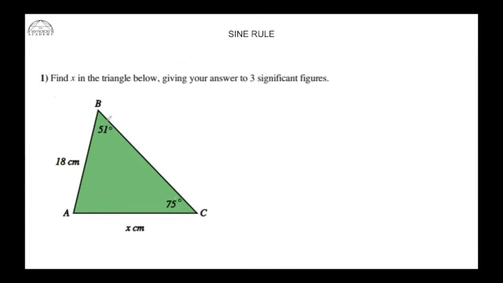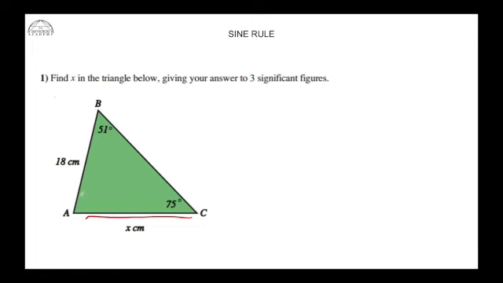We can see here that we have a triangle, and we have to find x. So x is the length of this side over here. Give your answers to 3 significant figures. Now, how do you decide to use the sine rule for this? First of all, we're looking at it and we see it's not a right-angled triangle.